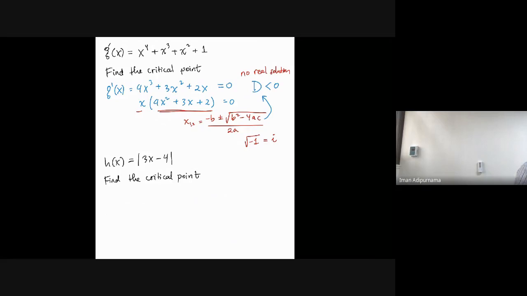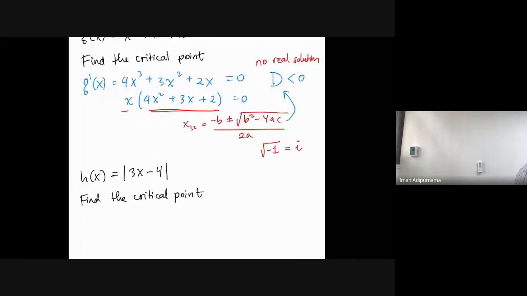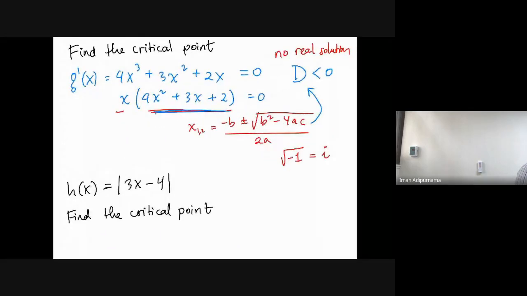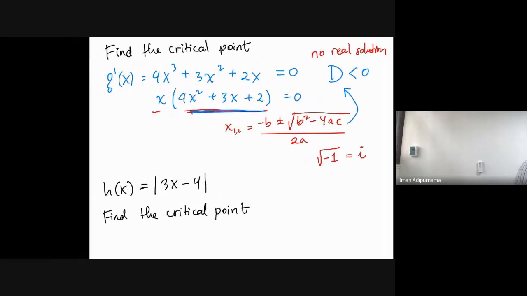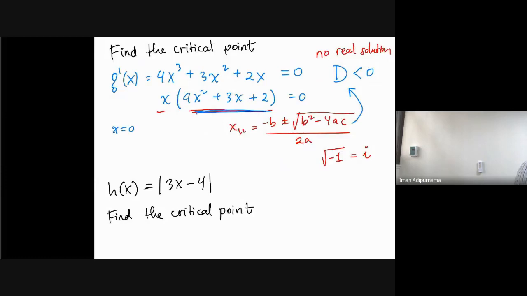I think in calculus this semester we won't really go into imaginary numbers. So this whole equation has no real solution. So the only critical point you have is when x is 0, g of 0 is 1. So (0, 1) is your critical point.